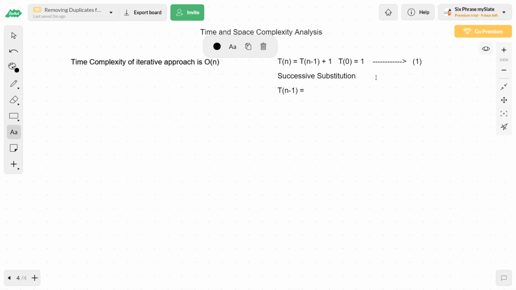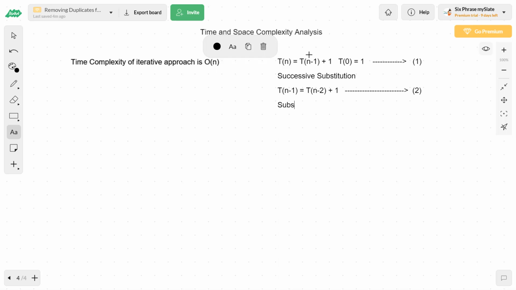The value of T of n minus 1 is, in equation 1, instead of n, substitute n minus 1. So the new equation is T of n minus 1 equals T of n minus 1 minus 1, which makes it n minus 2, plus 1. This new equation, for finding the value of T of n minus 1, we will take as equation number 2.